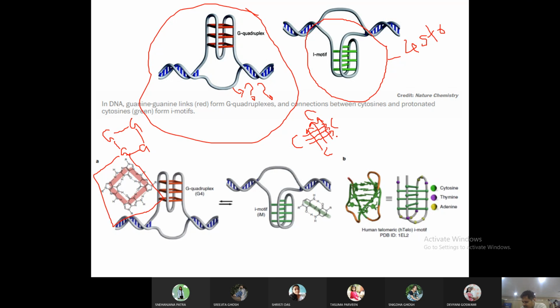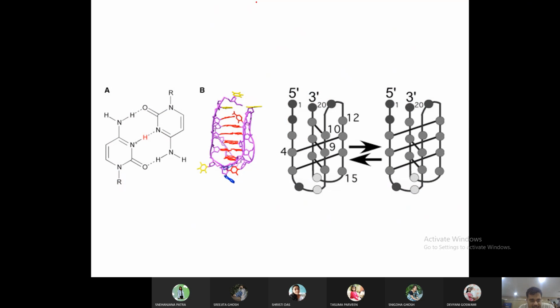So what is this structure all about? Here, one of the cytidines is getting protonated. Both of the C's have one NH2 and one double bond O. This NH2 can become a hydrogen bond donor, and this double bond O can become a hydrogen bond acceptor.